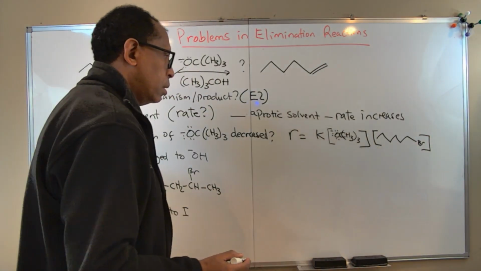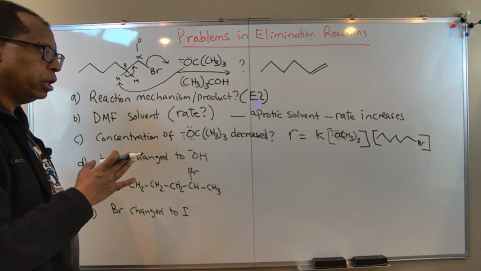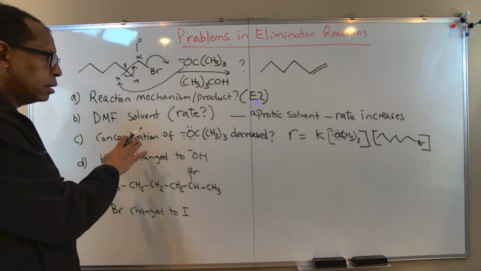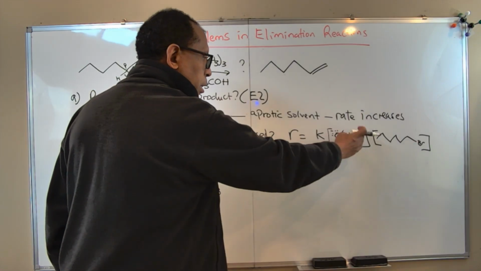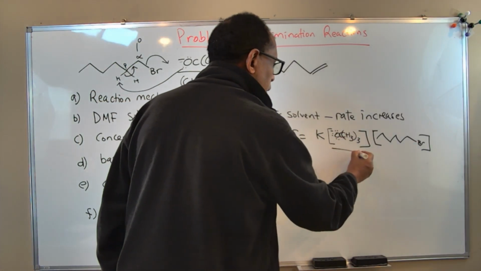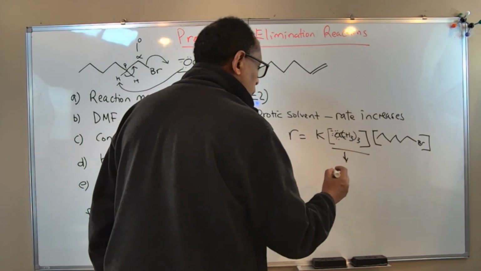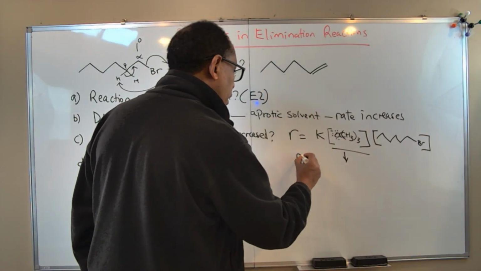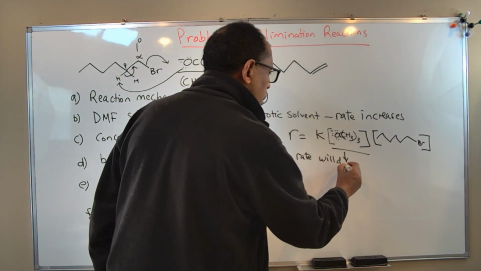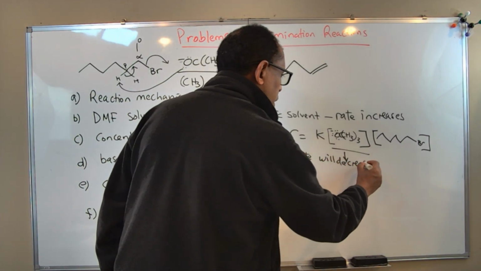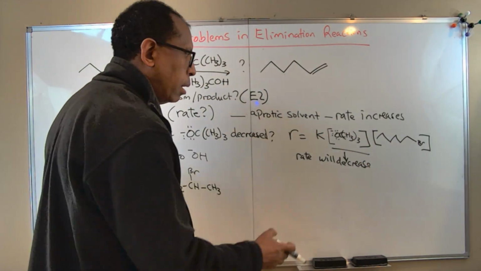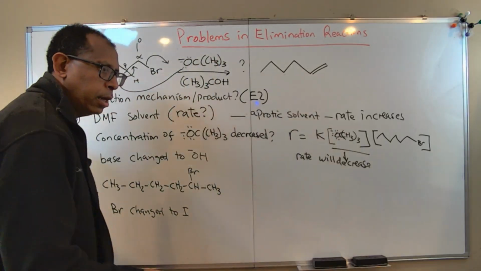So that's the rate for an E2 reaction. So the question is, if the concentration of this is decreased, obviously the rate would decrease. It will be affected because it depends on the base as well as the alkyl halide concentration.